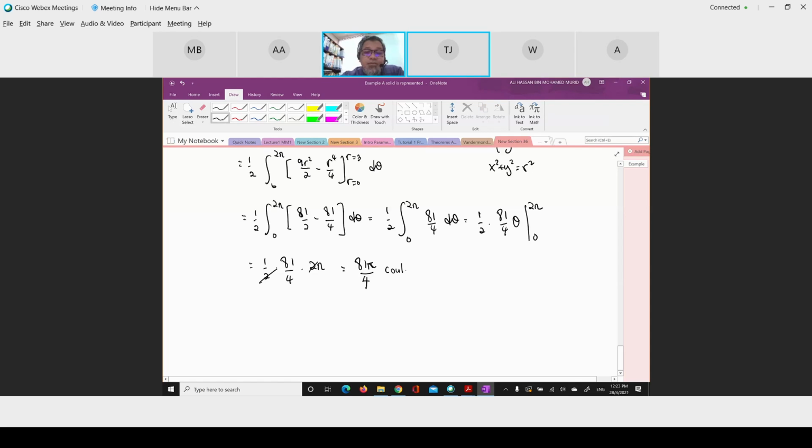I don't know how to spell it. Electrical, this one seldom used by students. Coulomb, right? Correct me if I'm wrong. It is Coulomb.